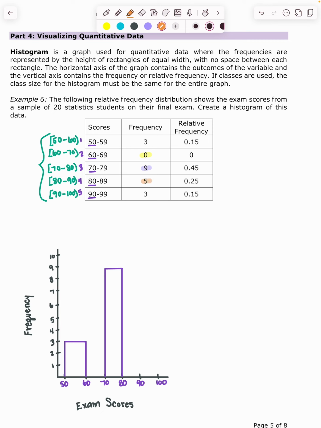So 80 to 90, up to 90, not including 90, has 5. So when I go to do this one, what I can do is I can come across on the 5 and just bring it right off and then down.